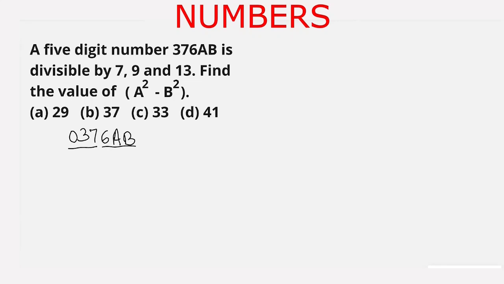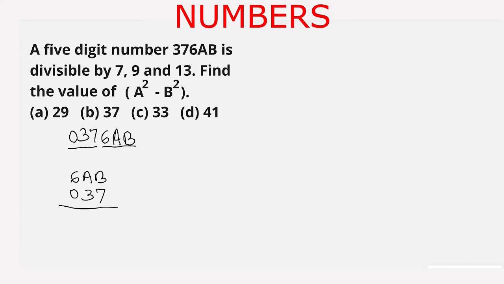Now we take the difference of 6AB and 037, and this difference must be divisible by 7 and 13, or a multiple of 7 and 13, that is 91.